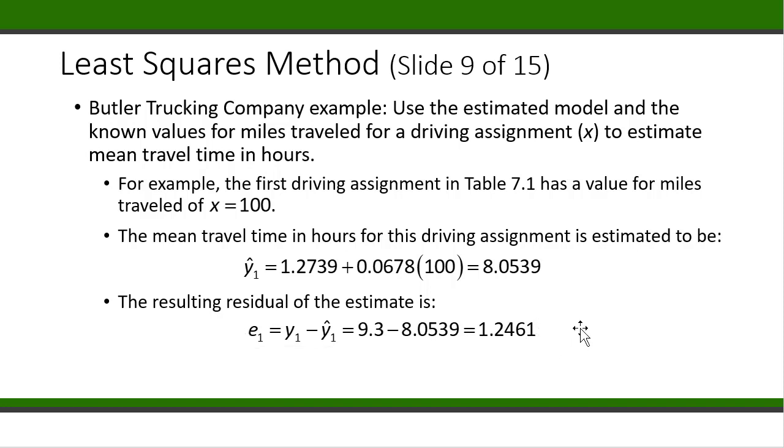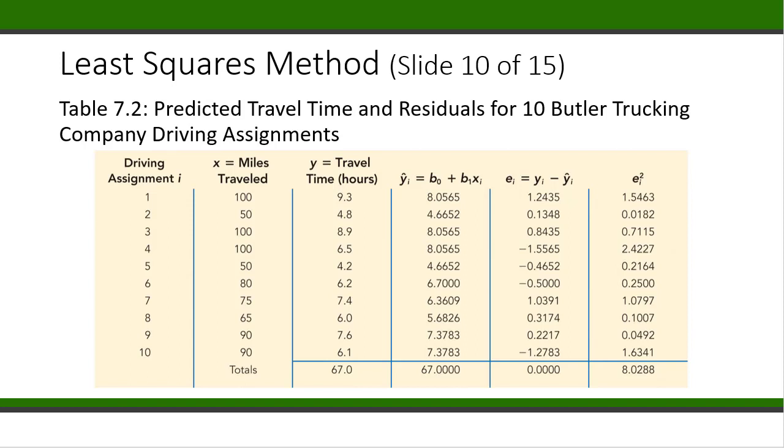So that's about 74 miles different. We can continue doing that. We get the predicted, we get our residual, we square our residual, and we see what the totals are here.